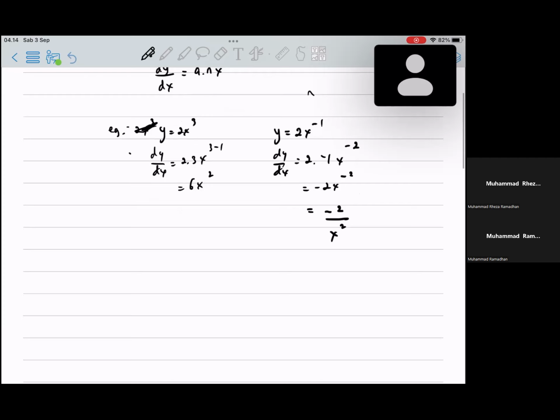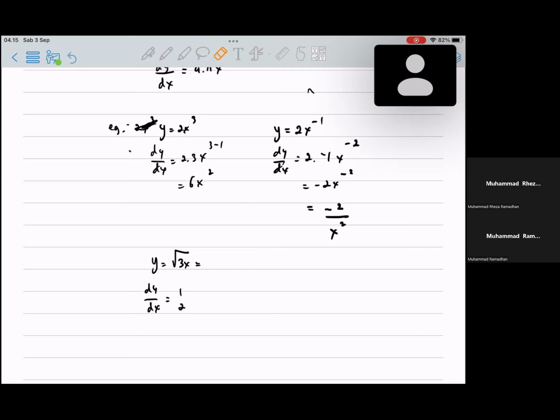And the other example is y is equal to root 3x. So the y is the same as 3x to the power of half. So dy over dx is, I mean, not that.